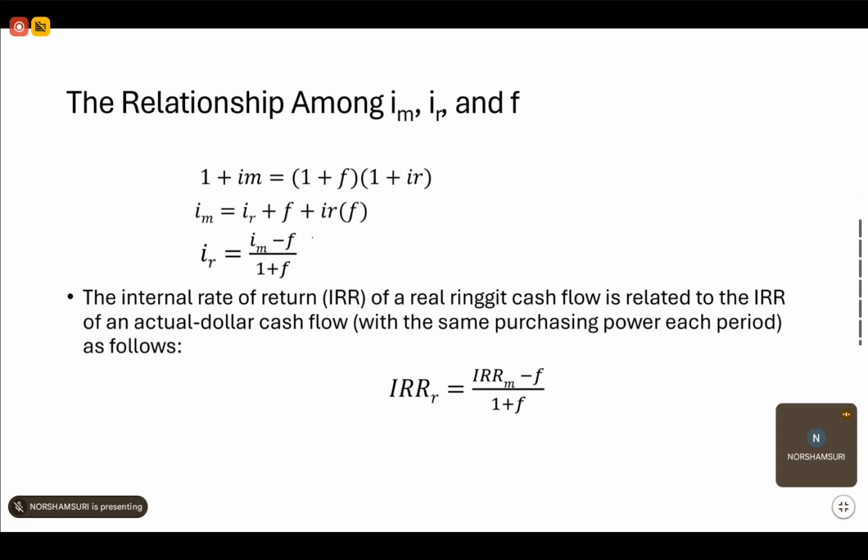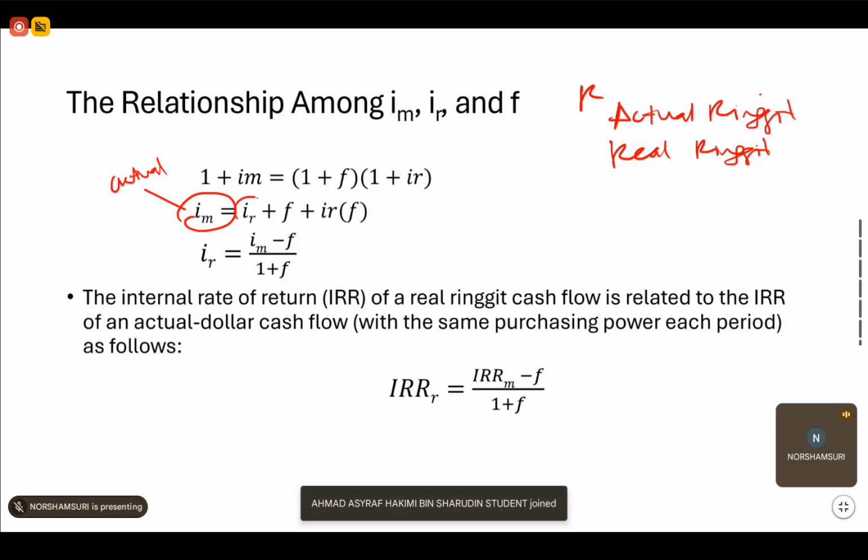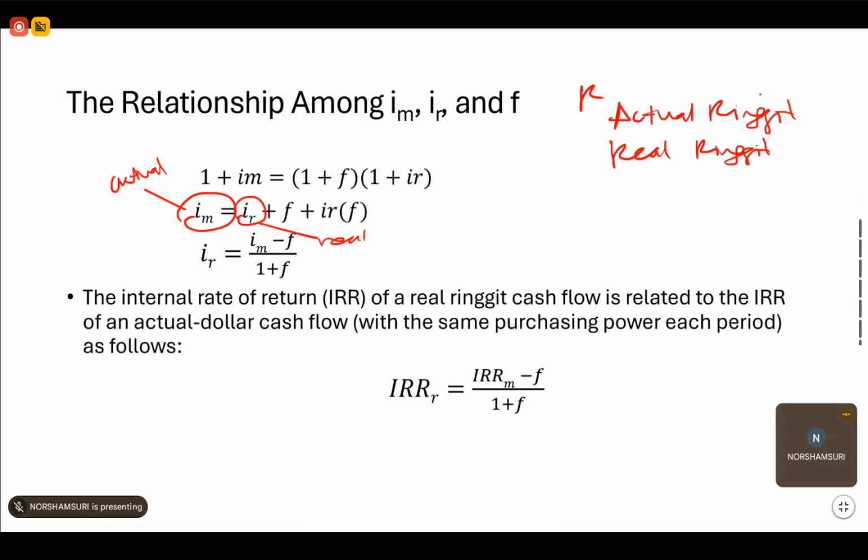And then we go to something where we have the market, we have the real, we have the actual ringgit, and also the real ringgit. This IM is actually the actual one, and then IR actually refers to the real one.